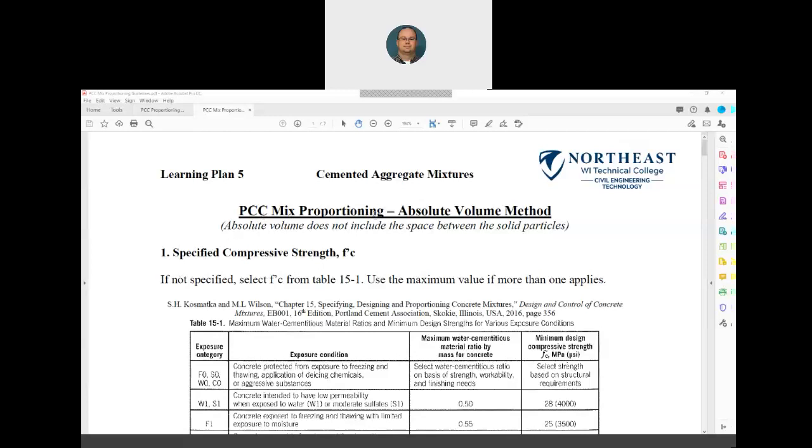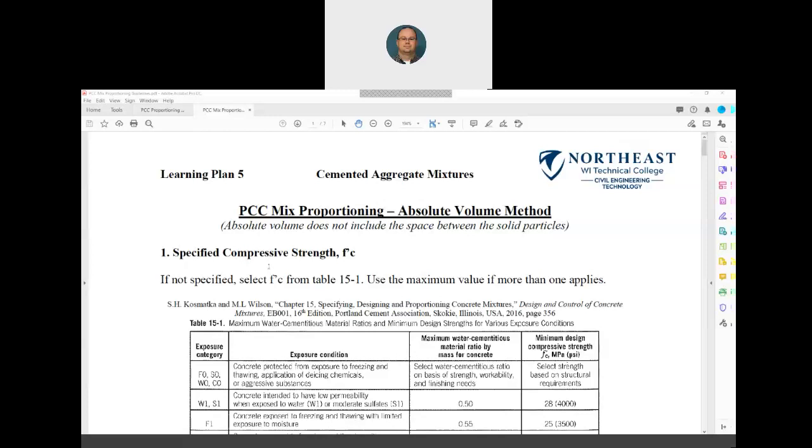PCC mixed proportioning. Number 1, specified compressive strength, F prime C. Basically, I specify a design strength, and that is the 28-day unconfined compressive strength of the concrete.